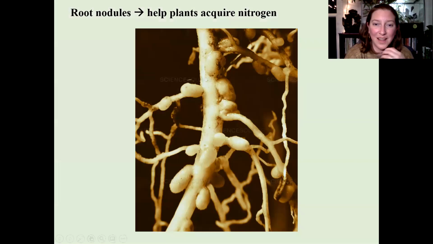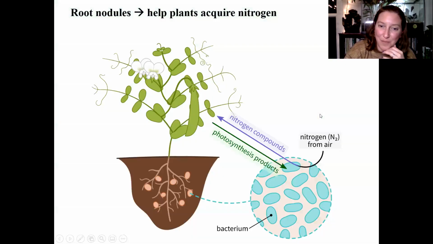That's how you can think of it. Each of these little things is like floor 1, floor 2, floor 3, whatever. These are like little apartments basically for bacteria.